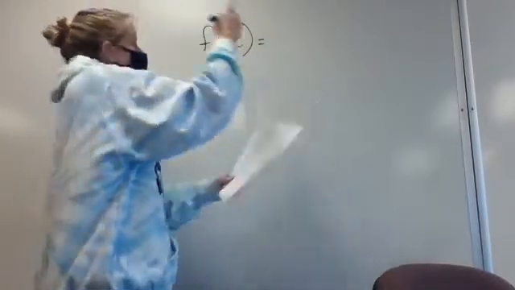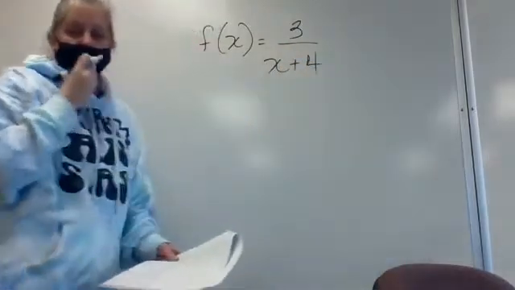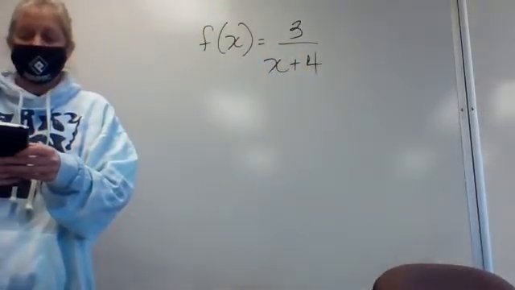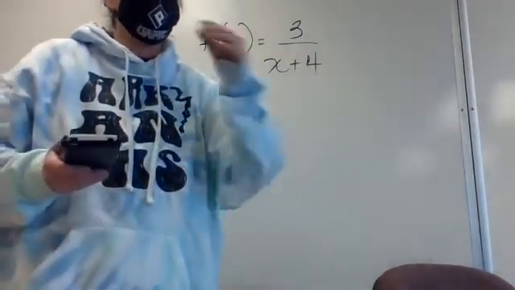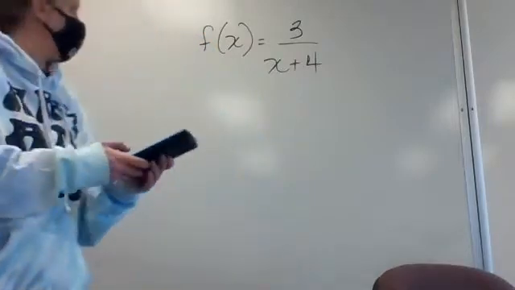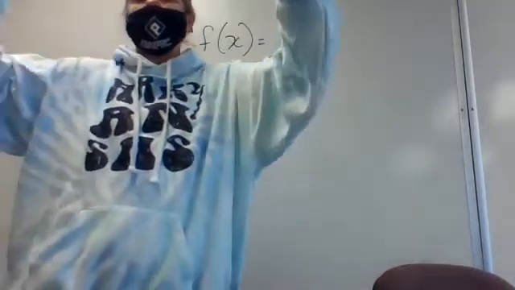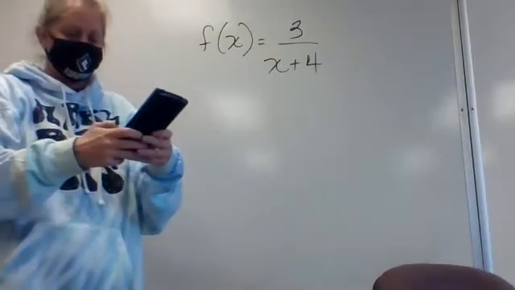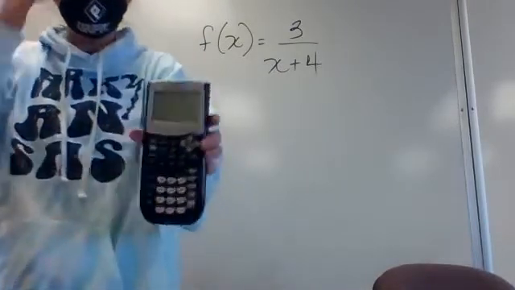So f of x equals 3 over x plus 4. To determine if it is 1-to-1, I can put this in y equals and see if it does pass that horizontal line test. So if I put it in y equals, I'll do 3 divided by, now I'm going to put that x plus 4 in parentheses to contain all of it in the denominator. So open parentheses, x plus 4, close.